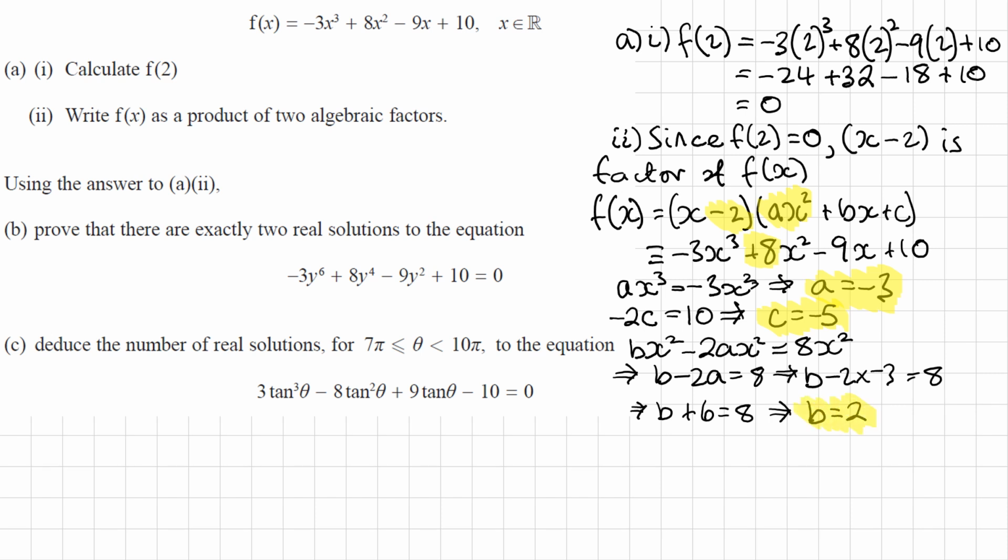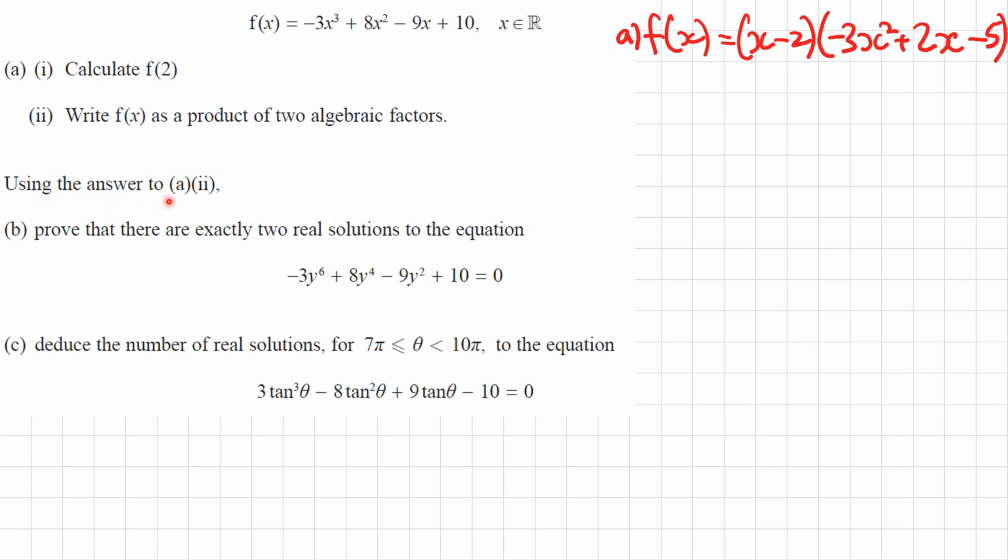So now I can say that f of x can be written as x minus 2 times by, now we'll replace the a, b and c in the identity that I set up, which was here, negative 3x squared plus 2x, so the b is 2, and then minus 5, which was the c.